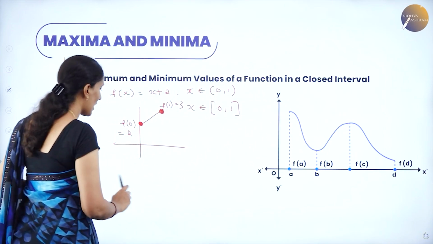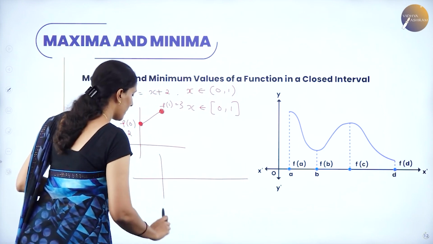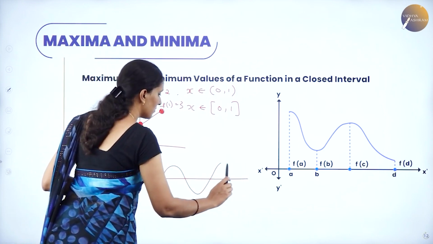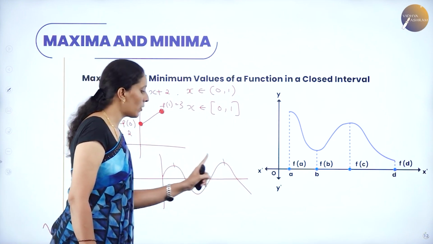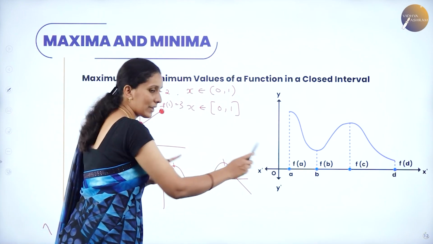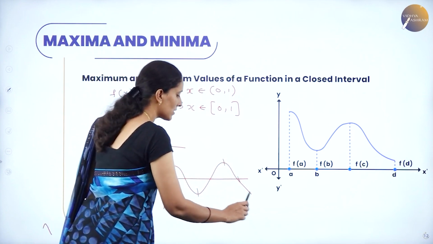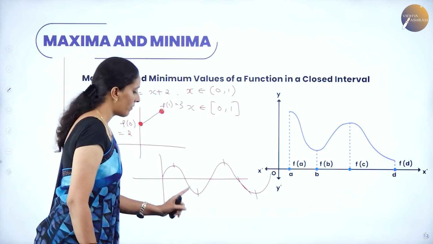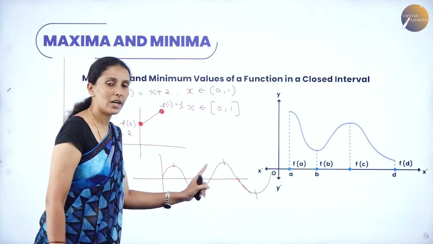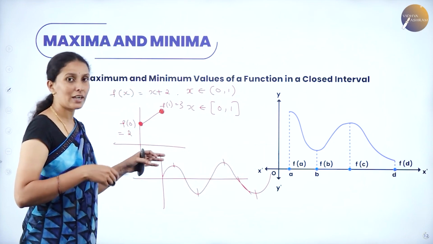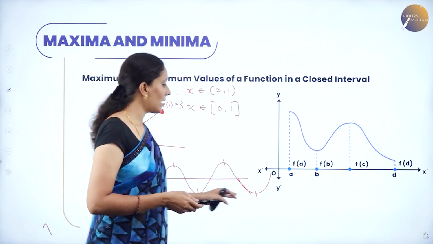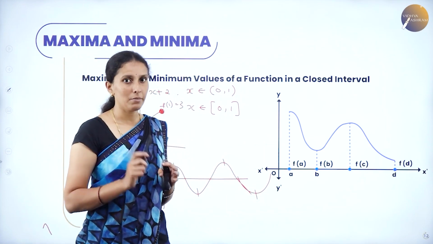For example, a sine function is a curve like this. For some neighborhood of points, the function attains a maximum value, and similarly for some neighborhood of points, the function attains a minimum value. So there are many points where it attains a maximum and many points where it attains a minimum value.